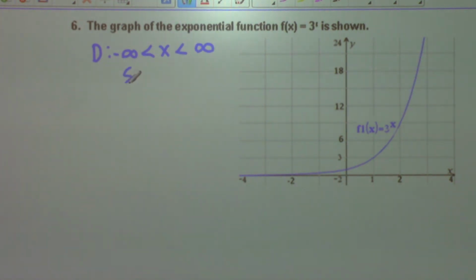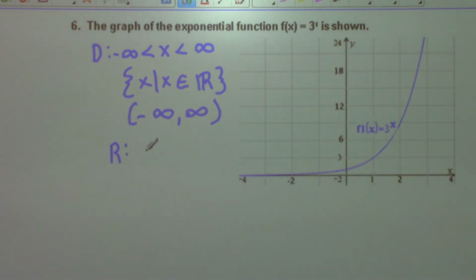And we have x, and then finally we have this thing right here, right? So I just transcribed the answers from number 5 for domain, since the domain is the same.